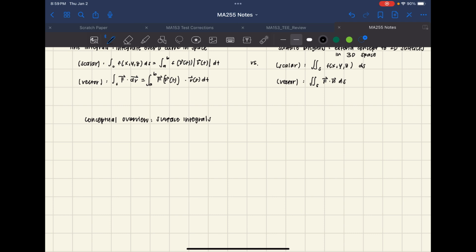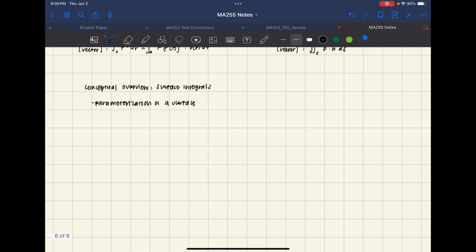So key things to note, starting with parameterization of a surface, which represents a surface S as a vector function of u and v, where u and v are parameters.